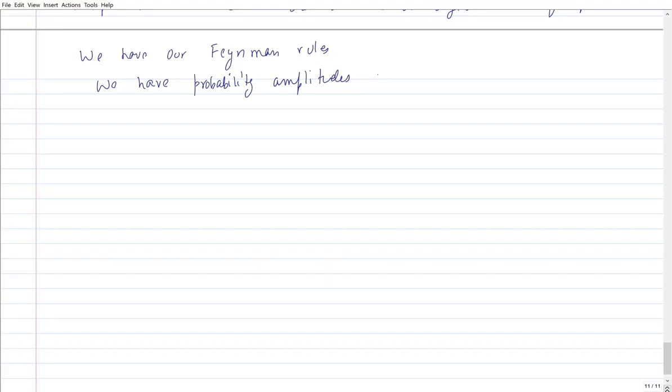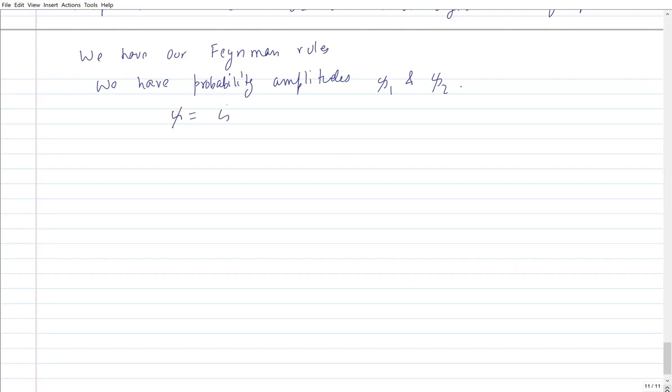For that we have our Feynman rules. We have probability amplitudes, psi1 and psi2.